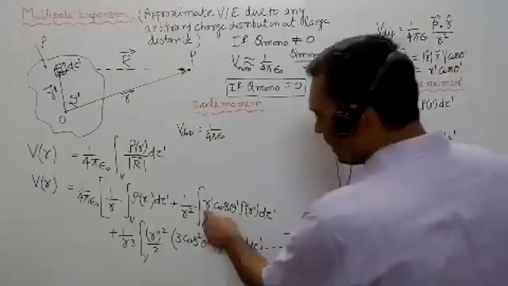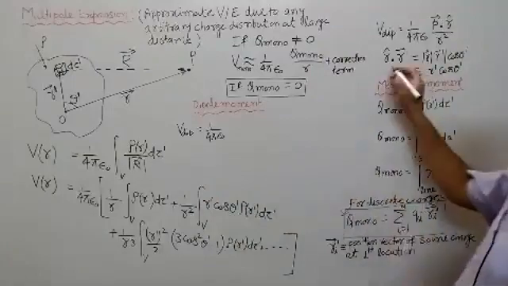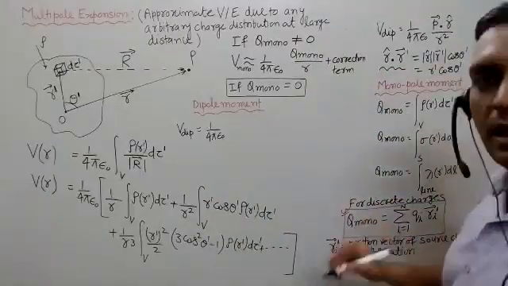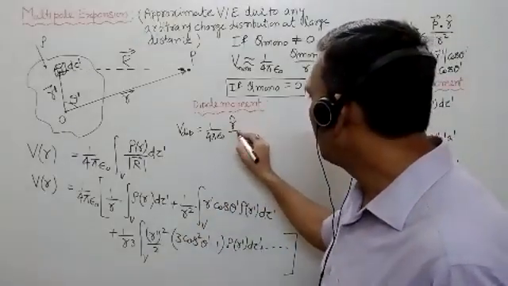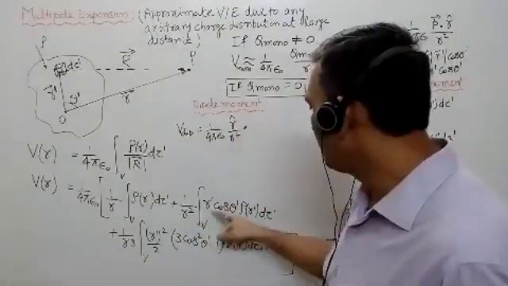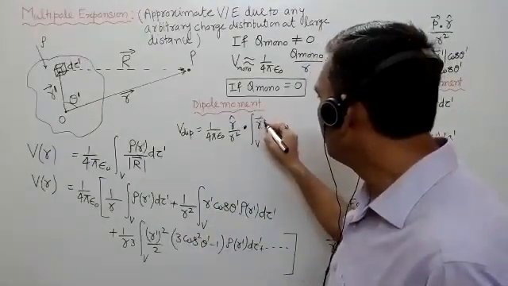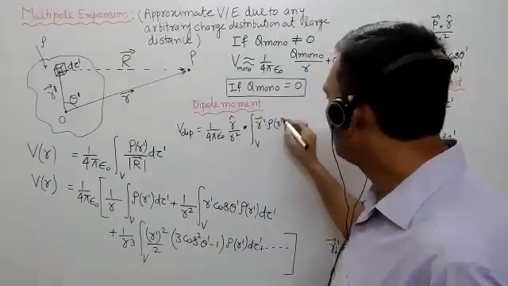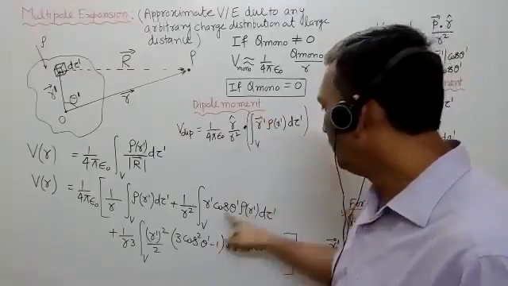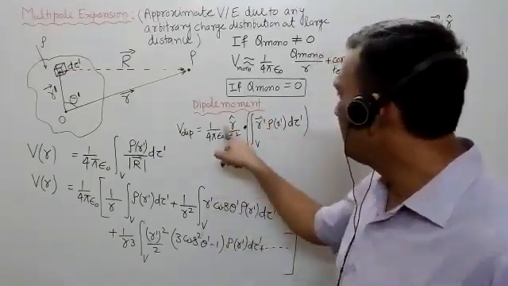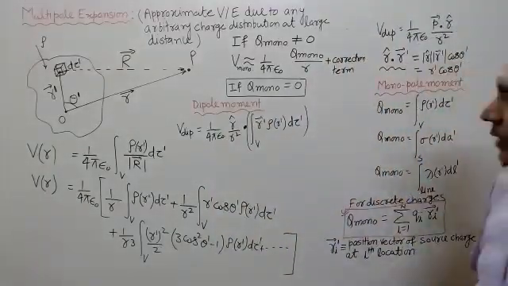So we can replace r dash cos theta dash by r cap dot position vector r dash. So you can write this as r cap by r square dot the volume integral of position vector r dash rho r dash d tau dash. r dash cos theta dash is replaced by r cap dot r dash, because r cap dot r dash is r dash cos theta dash.